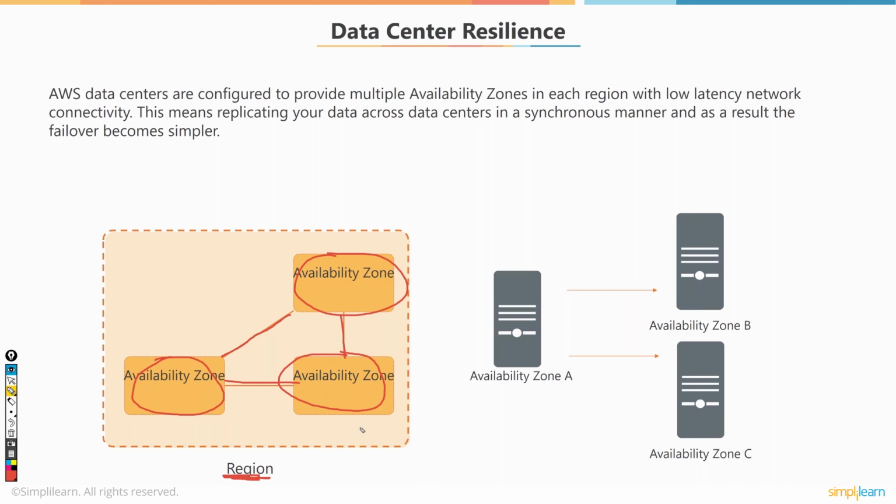Every time you spin up a server, you can choose which AZ you want, A, B, or C, and they will physically be sitting in different data centers, which means if one fails for any reason, you still have 2 data centers available, which doesn't really make any difference to you, and applications can continue to work as normal.